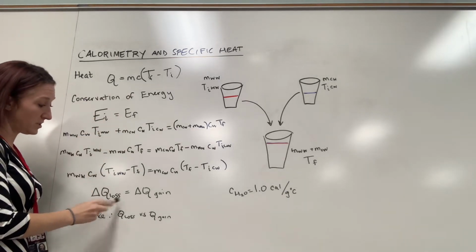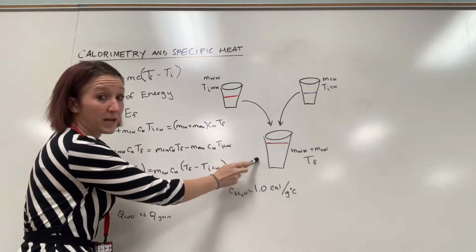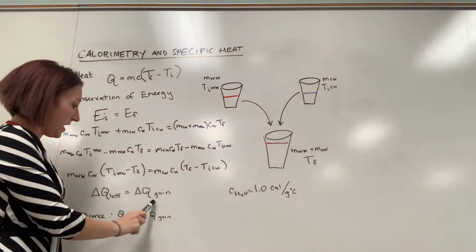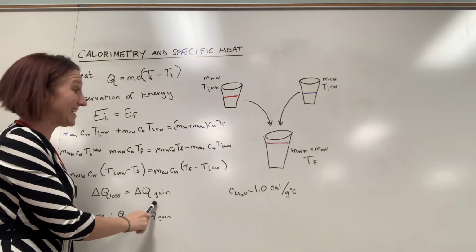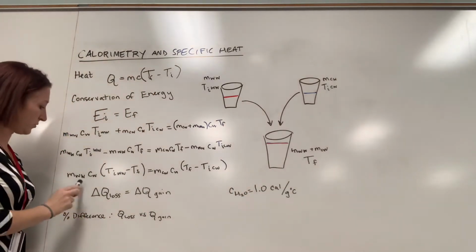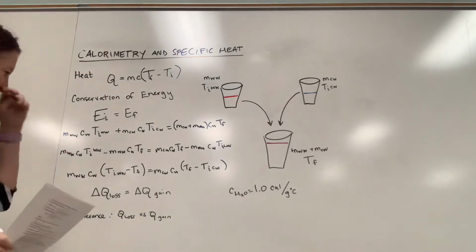Our heat loss should equal the heat gain. So again, our warm water is losing energy to get to this new equilibrium temperature, and our cold water is gaining energy to get to this final temperature. So we are going to compare these two values to each other.